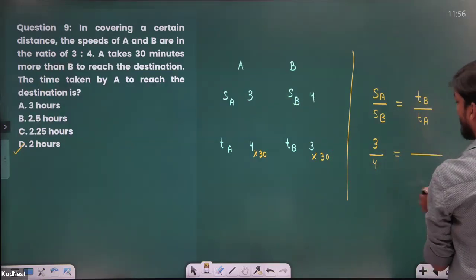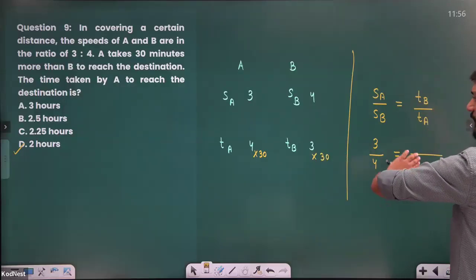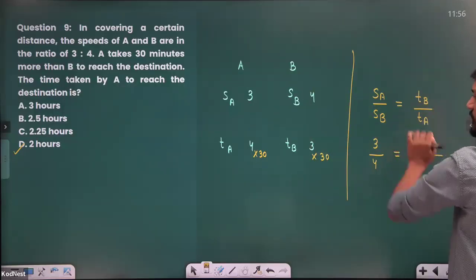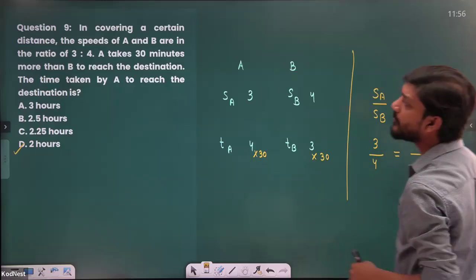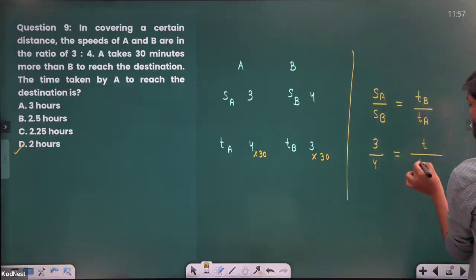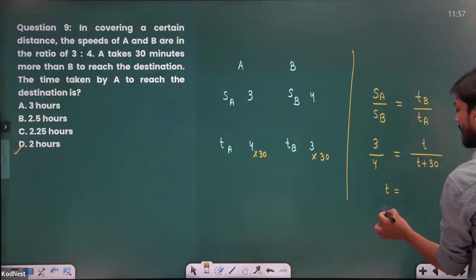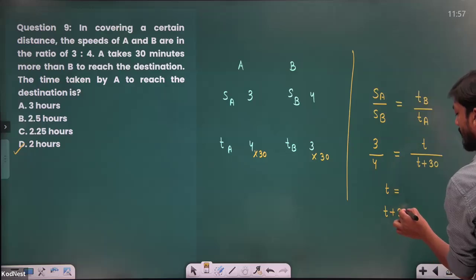And then you can say the time, I'm telling you the proportionality. This is ratio, proportionality. So time taken by A is 30 minutes more. Okay, so this is T plus 30. You will solve this to get the T value, then T plus 30 will be your answer.